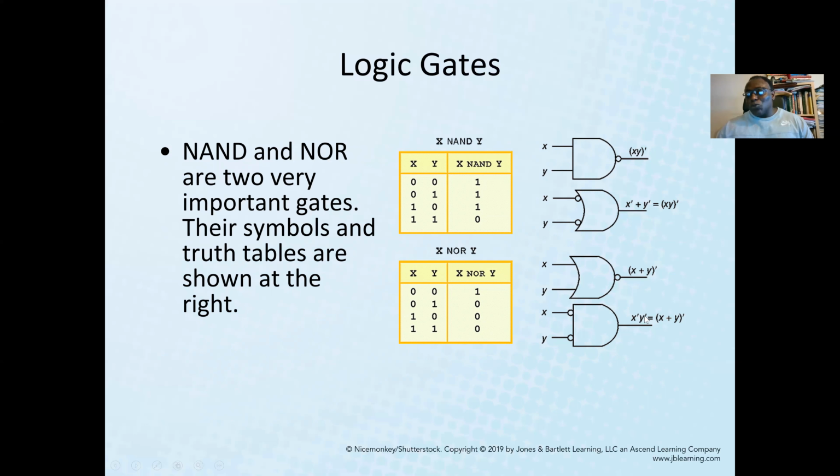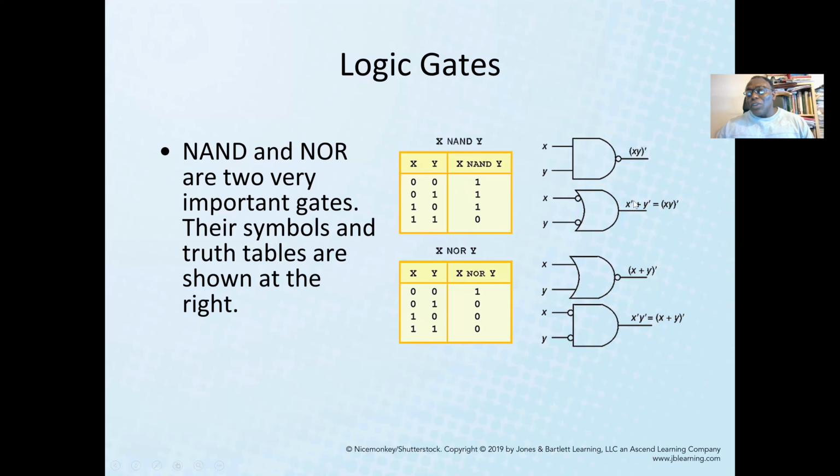X invert times Y invert is the same as X plus Y inverted, using De Morgan's theorem from Boolean algebra, our lectures in unit 1, part 1. The same thing applies here. If I have X times Y inverted, using De Morgan's theorem, I will get X invert plus Y invert, and that's what we have here.